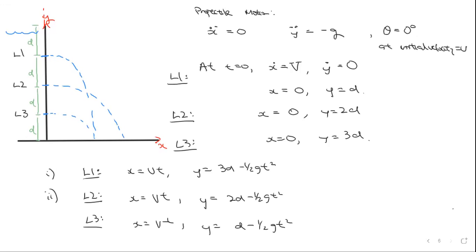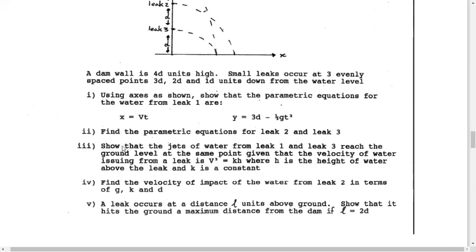So let's now do part 3. What does part 3 ask us to show? Show that the jets of water from leak 1 and 3 reach the ground level at the same point, given that the velocity of the water issuing from a tank from a leak is v squared equals kh, where h is the height of the water above the leak and k is a constant.